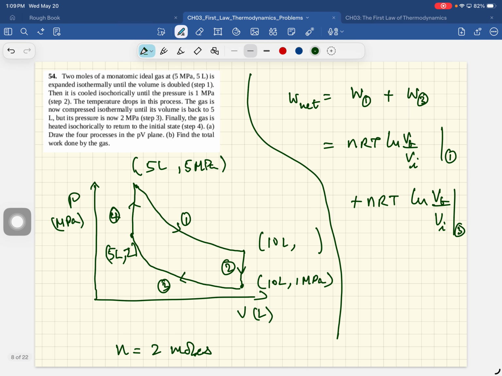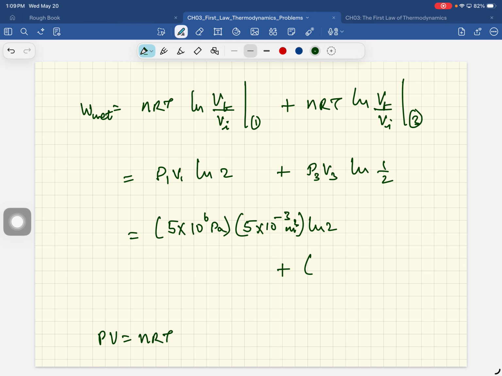We know the heat added, but we have to find the work done.